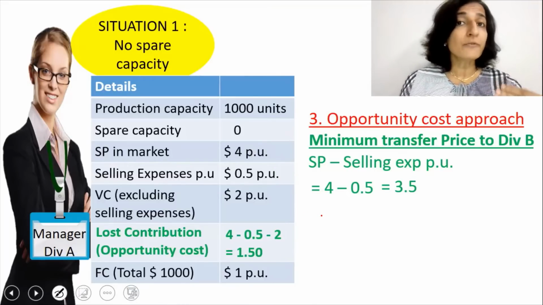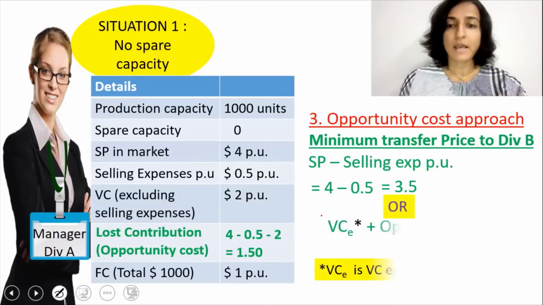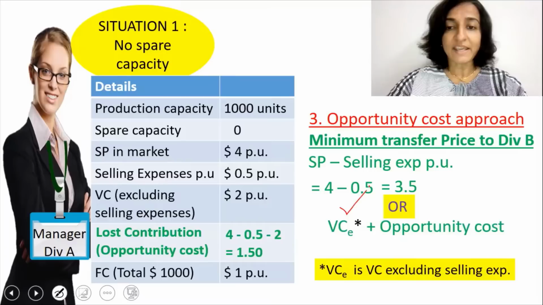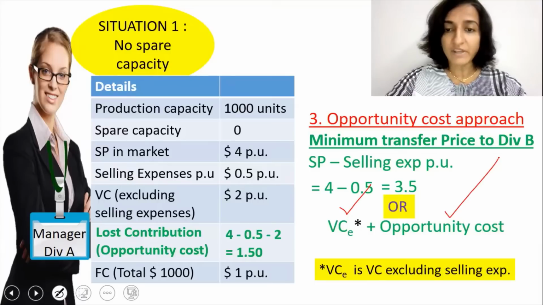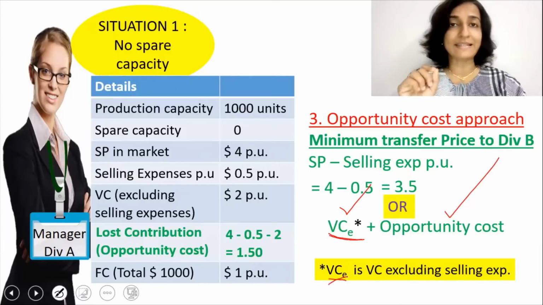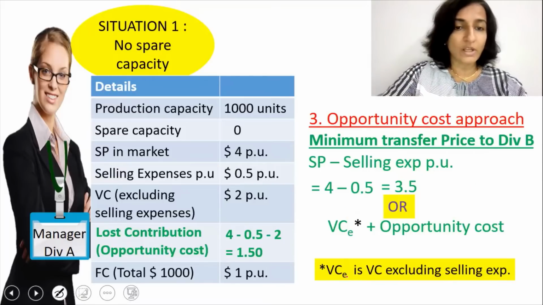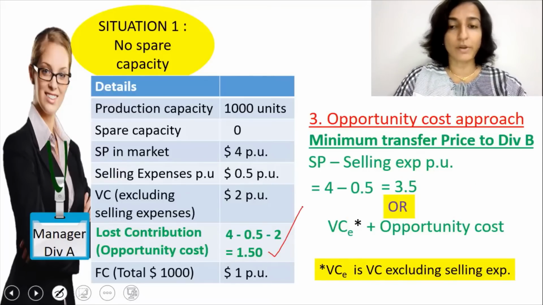So the alternative formula for calculating the minimum transfer price is variable cost excluding the selling expenses plus the opportunity cost. I have written variable cost excluding selling expenses as VCE, E standing for excluding selling expenses. Okay, so the lost contribution, we know it is 1.5. Variable cost excluding selling expenses, we know it is $2.